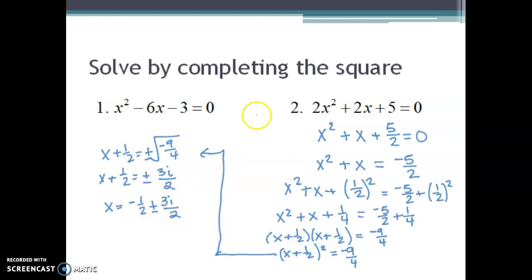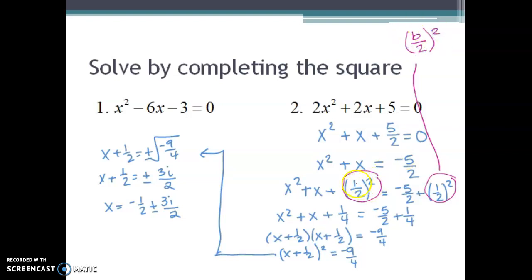So, completing the square, just reiterating the steps: you want your a value to be 1. If it's not 1, divide it out. Then the next piece is to get that c term on the other side, so you just have the a term and the b term on one side and the c term on the other. Then this is your step for completing the square: your b coefficient divided by 2, squared.